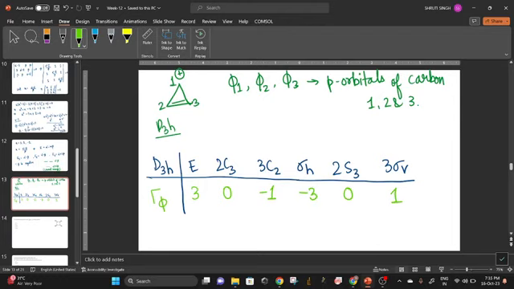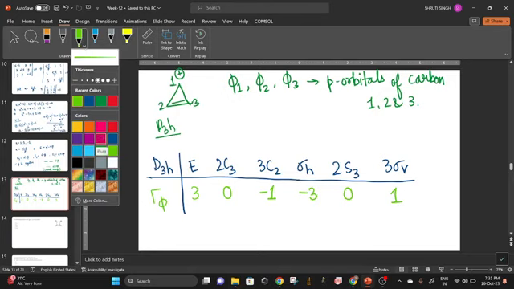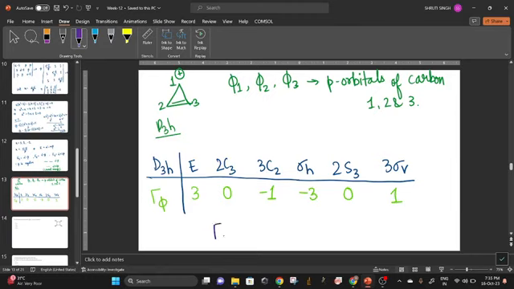Okay, so this is the reducible representation. When we break this reducible representation into a linear combination of irreducible representations using the great orthogonality theorem formula, it comes as a2 double dash plus e double dash.